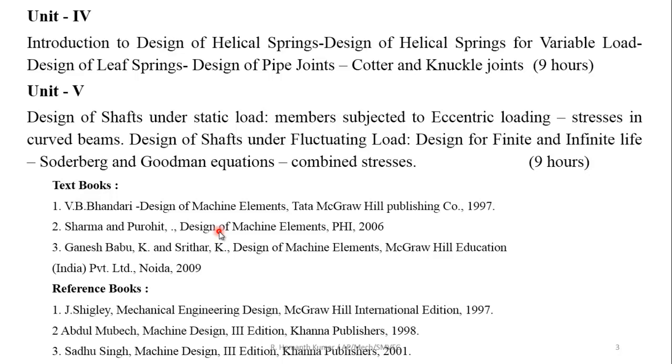These two joints you have drawn in machine drawing, right? Cotter and knuckle joints. We will be discussing how we find those dimensions. While drawing in machine drawing, you would have drawn particular dimensions, right? Those dimensions we will be finding in this subject.